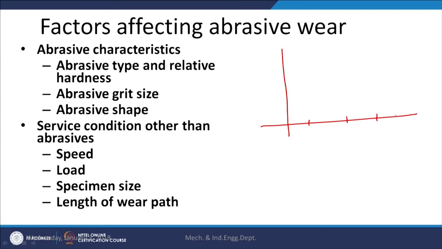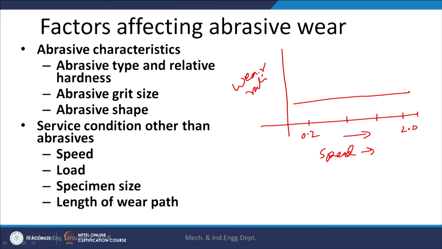So, if we put the speed of the abrasive movement from 0.2 to 2.0 on this axis, and here we have the wear rate, then this is found almost constant, or there is a very marginal increase.